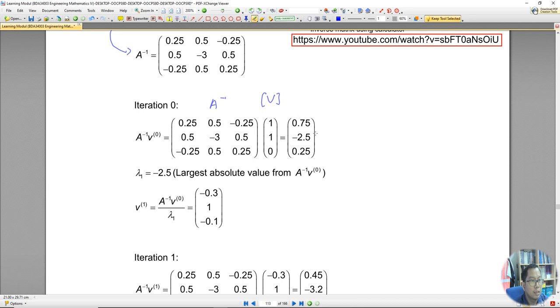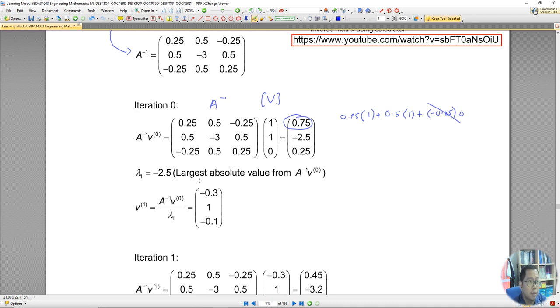How we get this: 0.25 multiplied by 1, plus 0.5 multiplied by 1, plus minus 0.25 multiplied by 0. That one is 0, so when you add up you get 0.75. The same goes for the other values. Then you pick the maximum one.